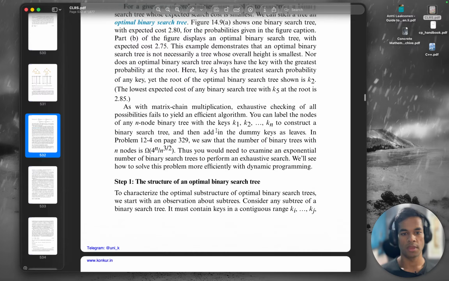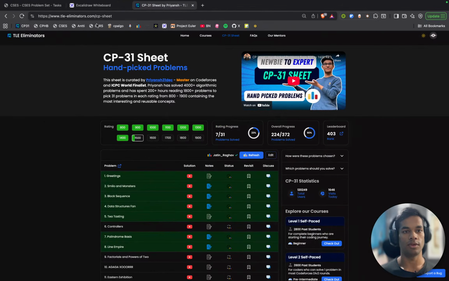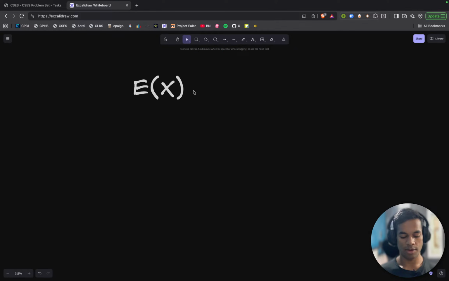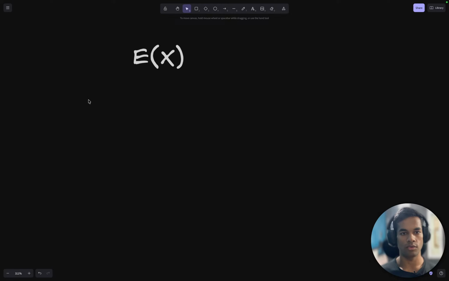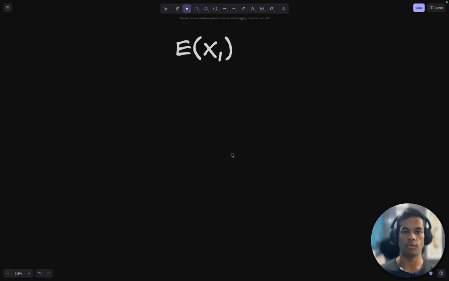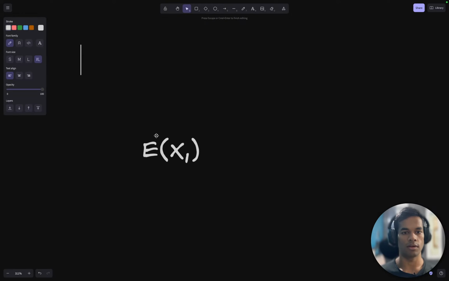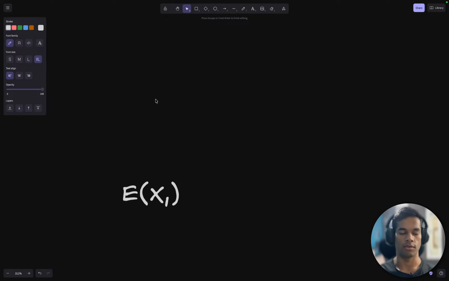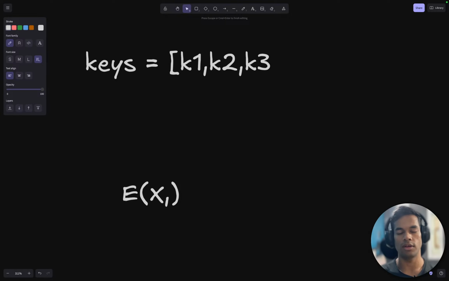Very good. Now, so we do understand the problem, and yes, we were trying to make a dynamic programming approach of our very own to solve this. So this is the function that we are trying to optimize, and we can write a better form for this function. Before doing that, let's define the variables which we have. We have keys, which is a list k1, k2, k3, dot dot dot till kn.